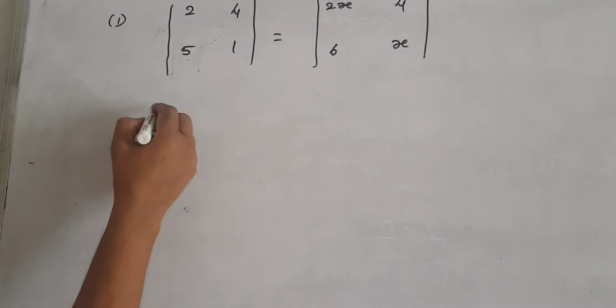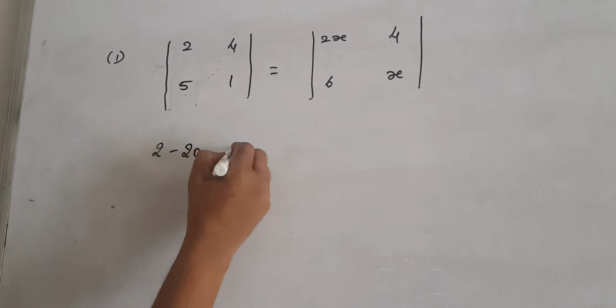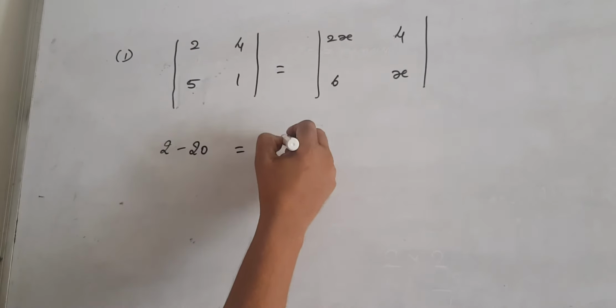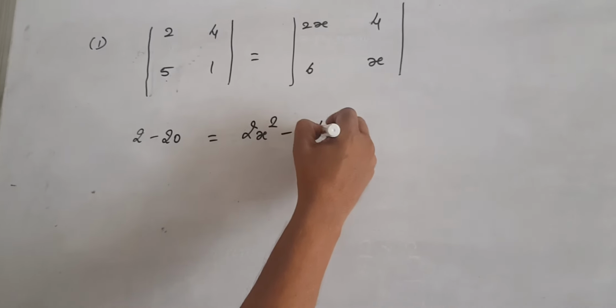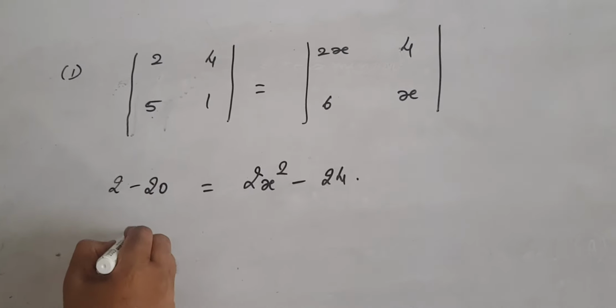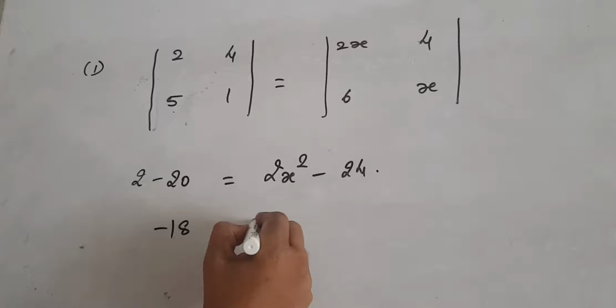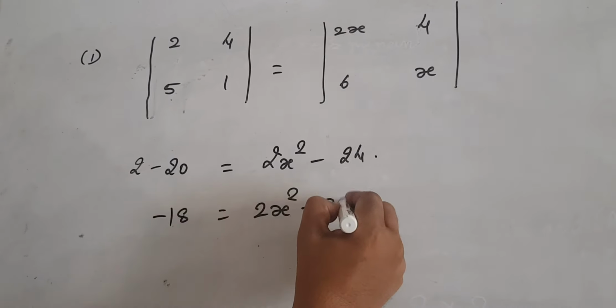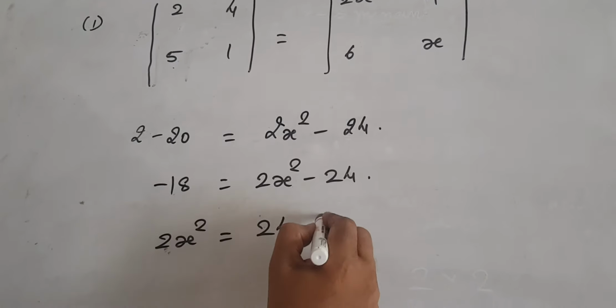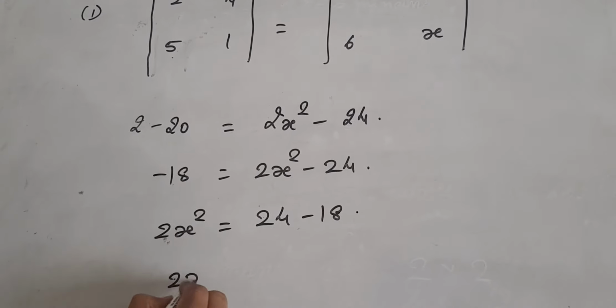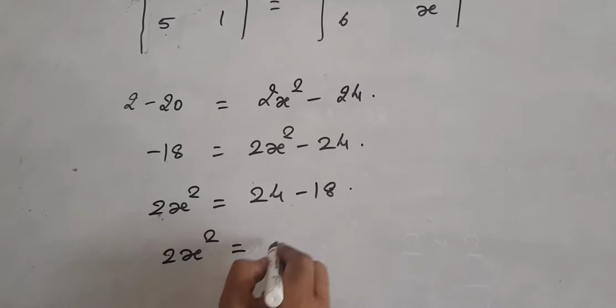2 ones are 2, minus 20, is equal to 2x into x, 2x square, minus 6 fours are 24. 2 minus 20 is minus 18, equal to 2x square minus 24. So 2x square is equal to 24 minus 18, so 2x square equal to 6.